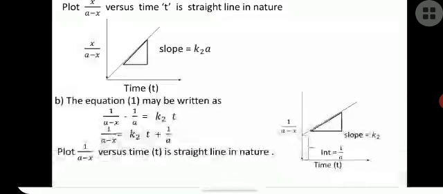Now second, the equation may be written as 1/(a − x) − 1/a = k2 t. Therefore, 1/(a − x) = k2 t + 1/a. If we plot the graph of 1/(a − x) versus time, a straight line is obtained. The slope of the graph is k2 and the intercept is 1/a.